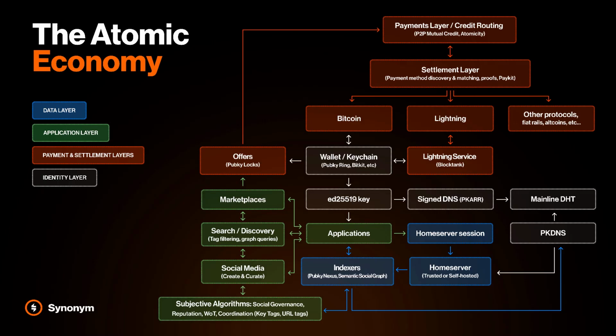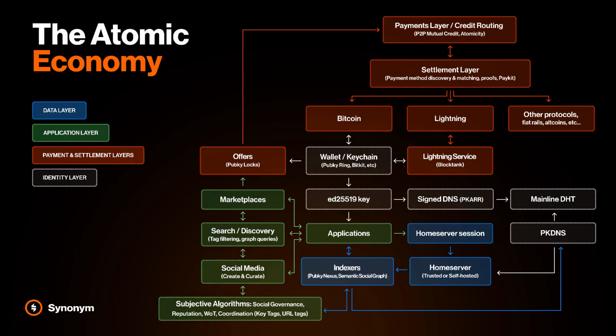The indexers are sort of filling the role of Google, in aggregating data. They're also filling the role of social graphs and establishing an open graph in the Pubky ecosystem. And generally, they're just a way to make apps actually possible in a peer-to-peer web, because they provide basically an aggregated view of everybody in the Pubkyverse.